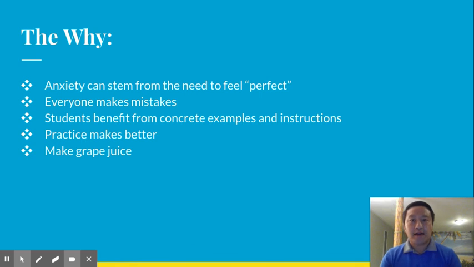That comes from the need to feel like everything should be perfect all the time. Some people are really great at handling that, and some people really struggle, and there's a lot of people in between. So it's important for us to help our students and their parents and everyone else understand that everyone makes mistakes. A lot of situations become not ideal, and that's okay.